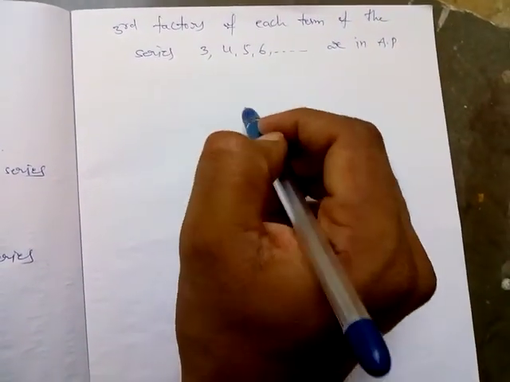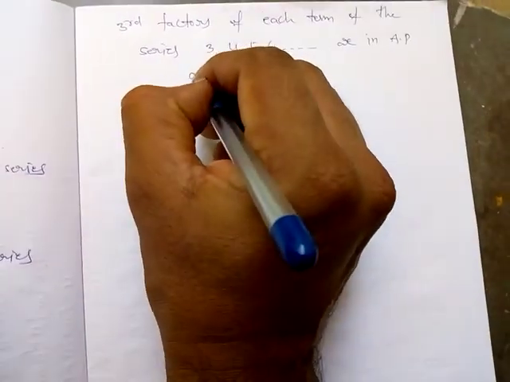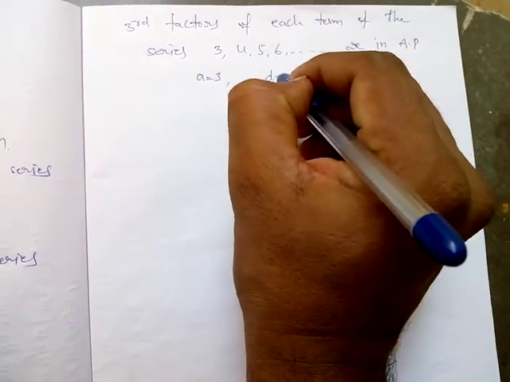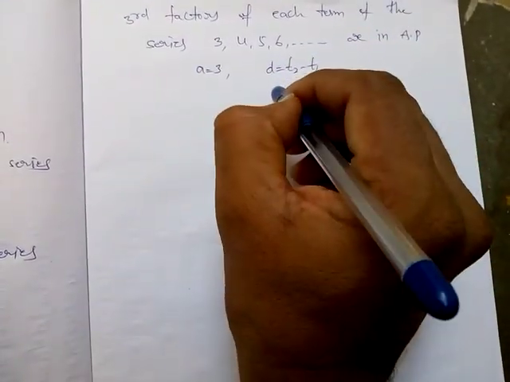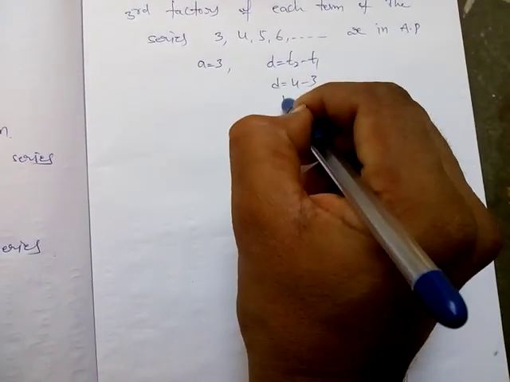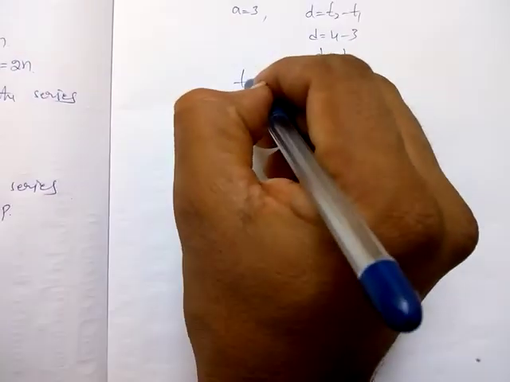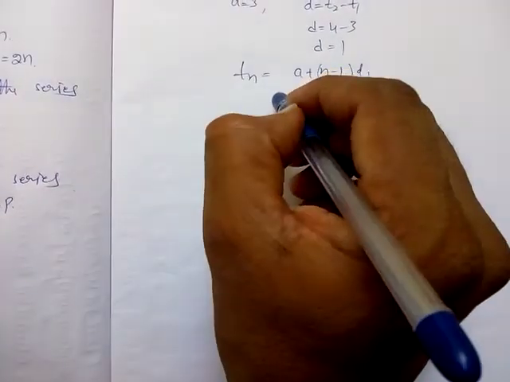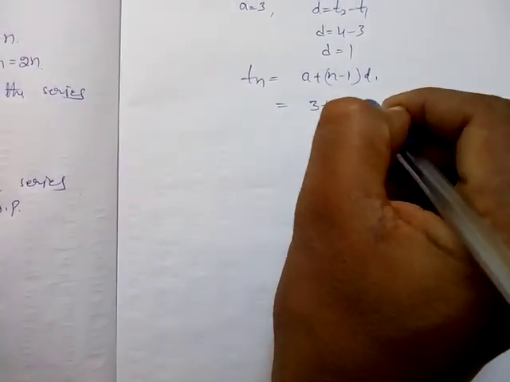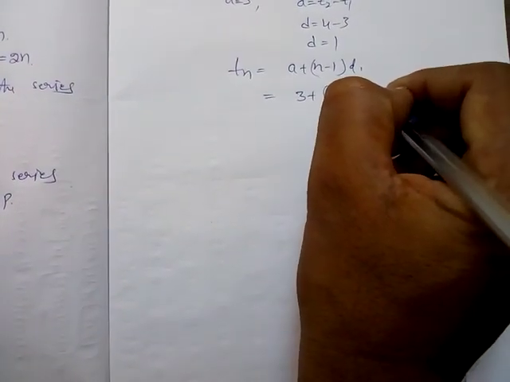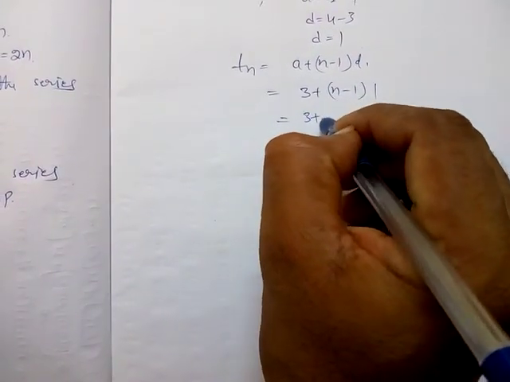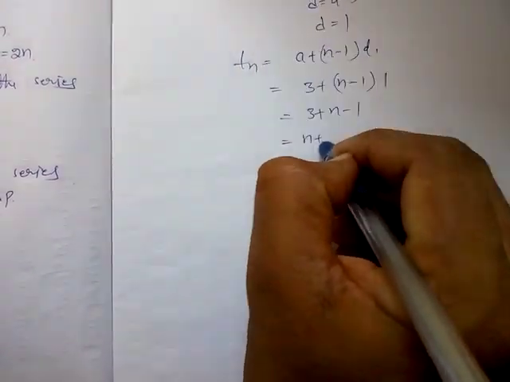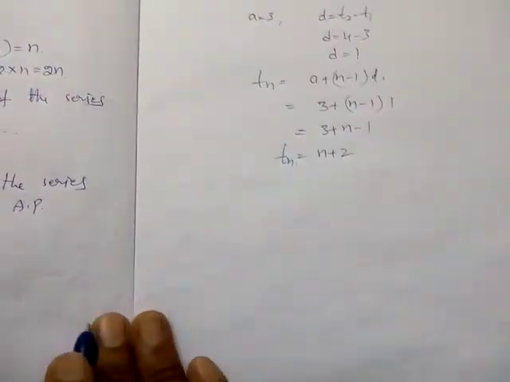So here also we have to find the nth term. A is equal to 3, the first term, D is equal to T2 minus T1, so D is equal to 4 minus 3, it becomes 1. So Tn is equal to A plus n minus 1 into D, 3 plus n minus 1 into 1, so 3 plus n minus 1, n plus 2. This is the nth term of the third factors.